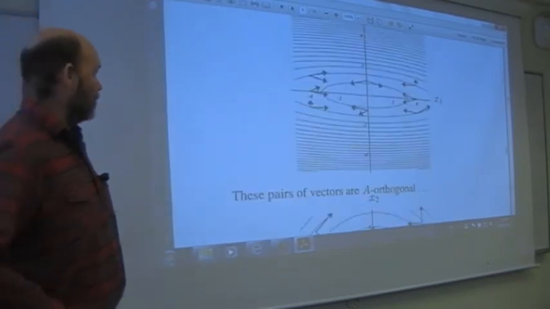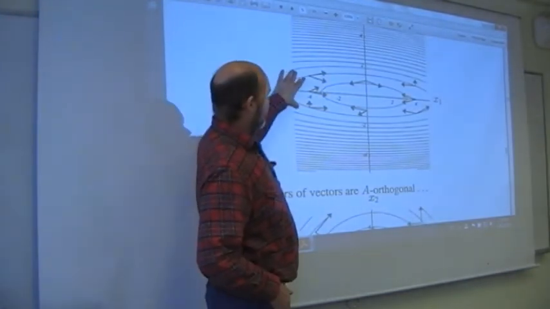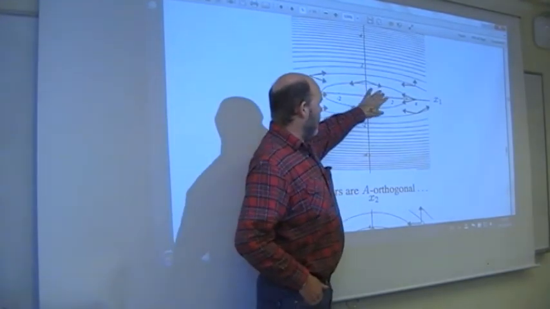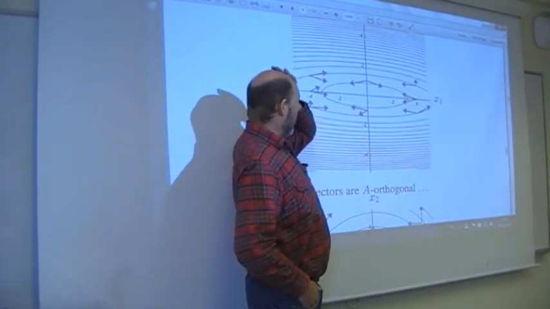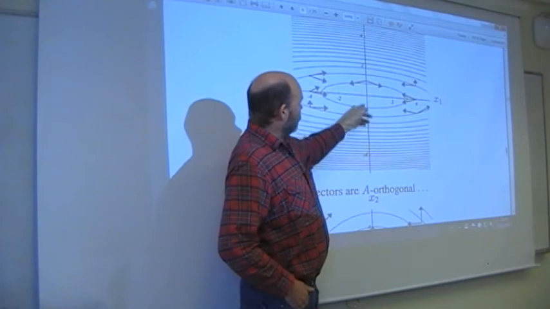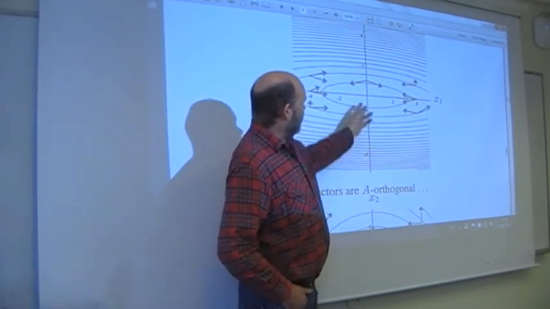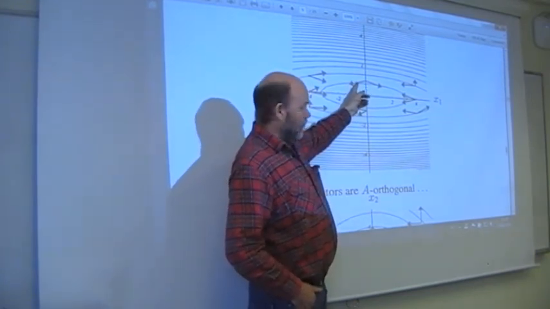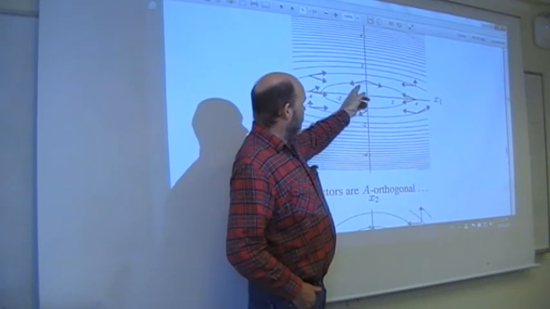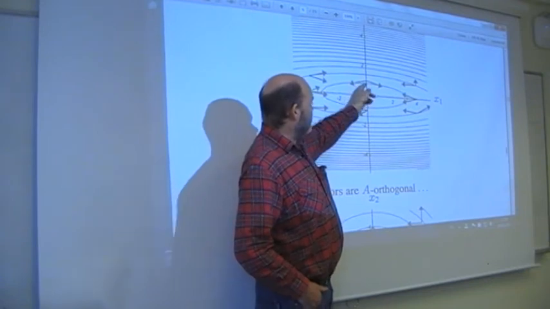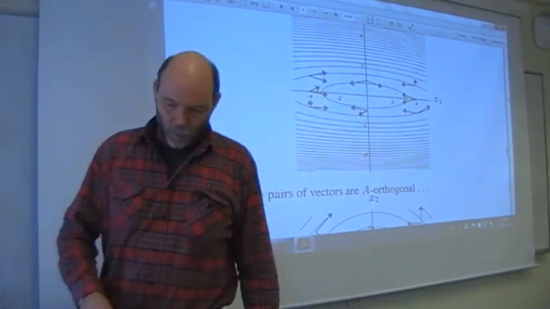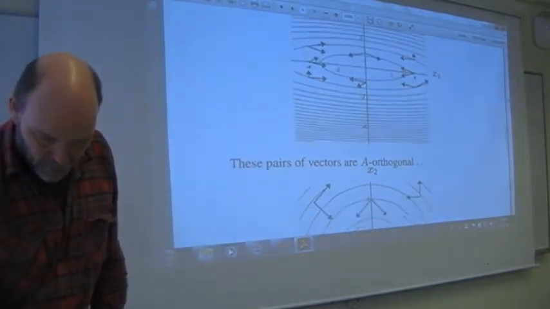Sadly, we have it in this form. It's very elongated and can actually be in any direction here. But these vectors that are indicated here, they are actually A-orthogonal, 90 degrees to each other. So these have been constructed with a matrix formulation.